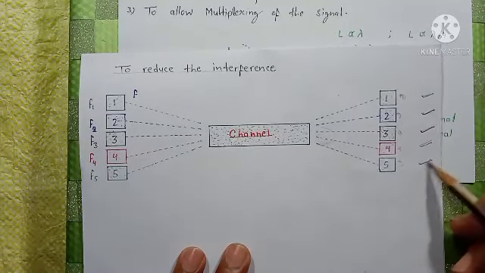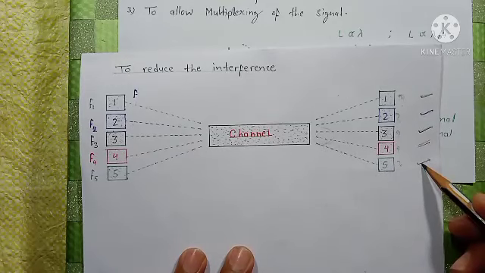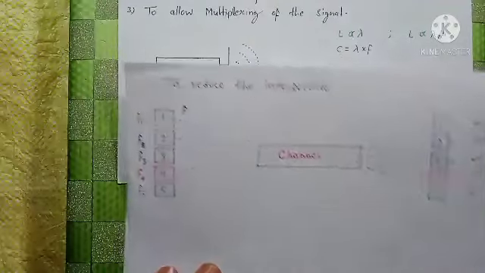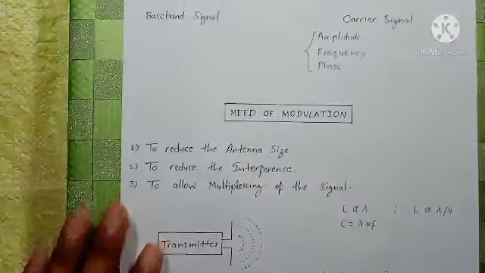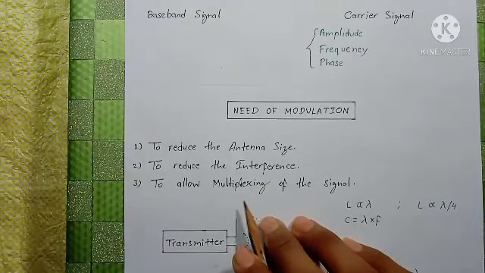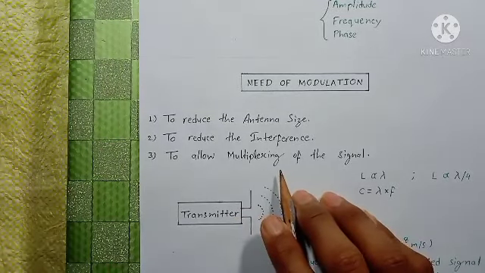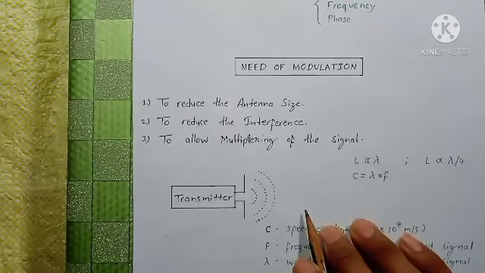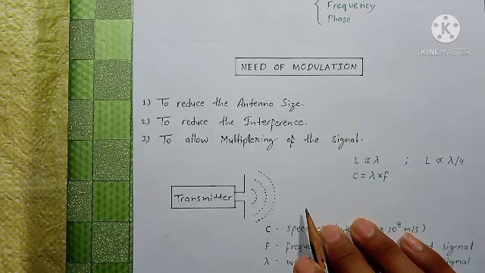So in this situation, we receive the signal from the transmitter. Using modulation, interference can be reduced, and at the same time multiplexing of different signals is also possible. So these are some of the important aspects of why modulation is used in communication.